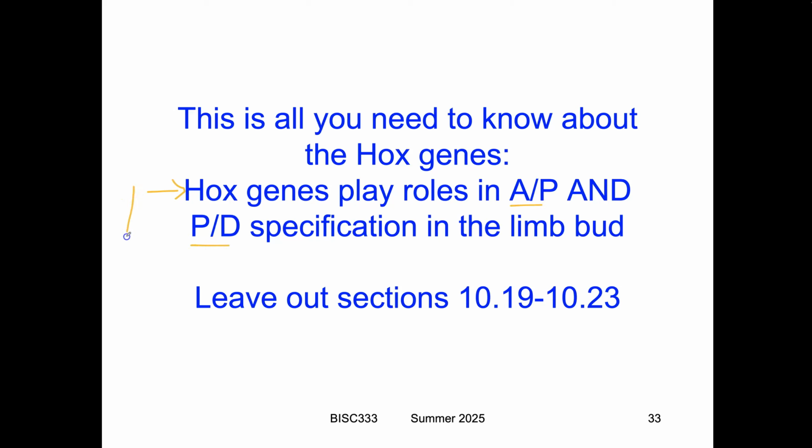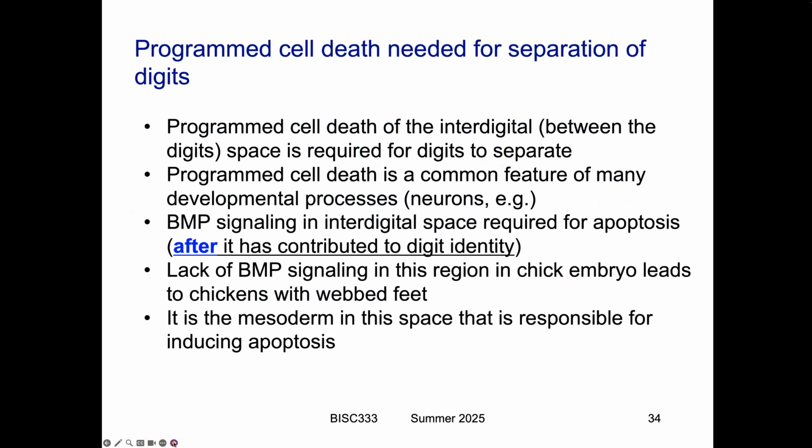So they are responsible for determining the forelimb versus the hind limb, but also as the limb is growing out and the parts are being specified, there is Hox gene expression that differs from proximal to distal that helps to specify those sections. This part of the text we're leaving out, and so this is the only part you need to remember about Hox genes. I want to finish by talking about programmed cell death.